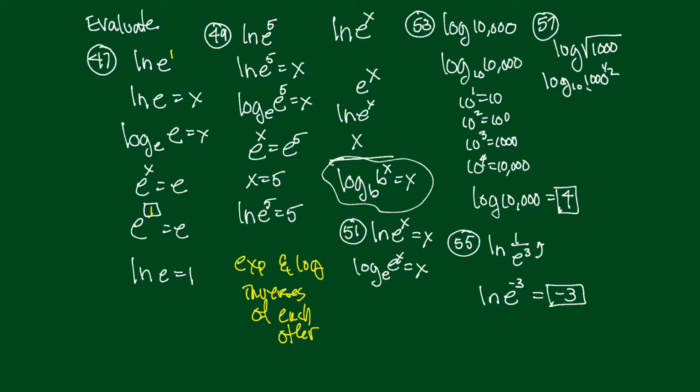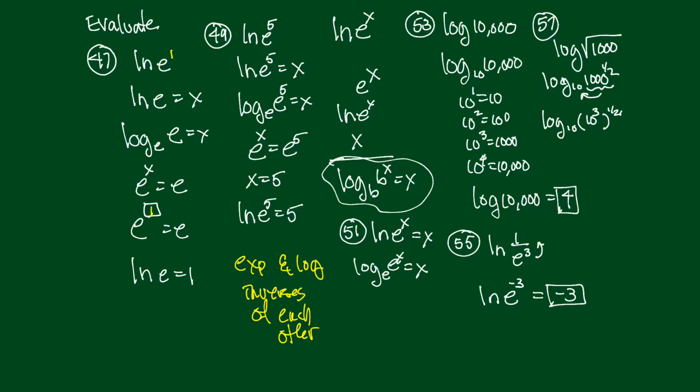I've got to get this to match that. So this is going to be the log base 10 of, now what do you know about 1,000 that has a base of 10? Okay, well I know this. I'll take 10 to the third, and then that's to the 1/2, right? So a little creativity here. I got to get that 1,000 in terms of that base, so it matches that.